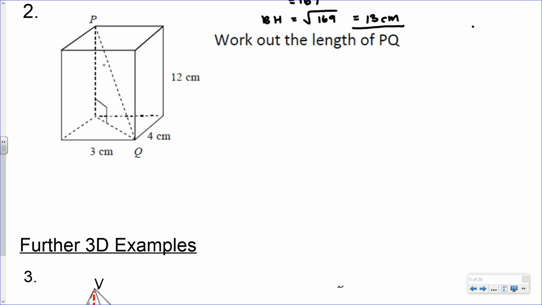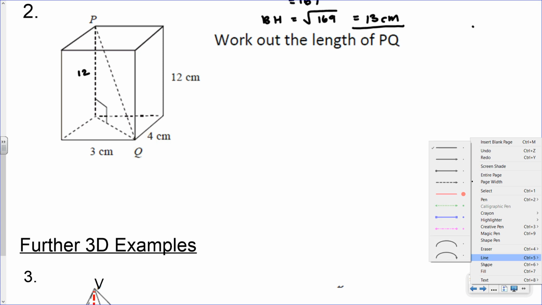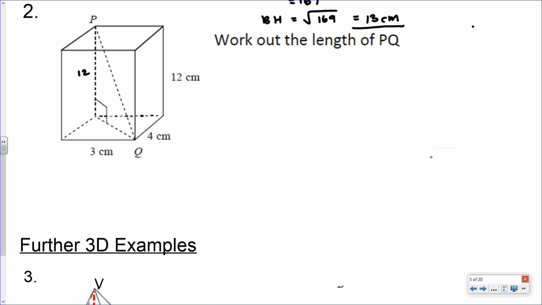So to work out P to Q, I would need to know this length here, which I don't, and this length here, which I do, which is 12. So I need to therefore work out the length of the diagonal going on the bottom face there first of all. So let's create another right angled triangle, and we will draw a little sketch of that just here at the side.